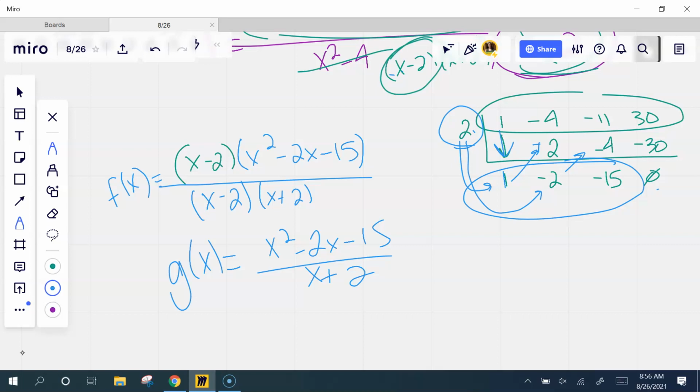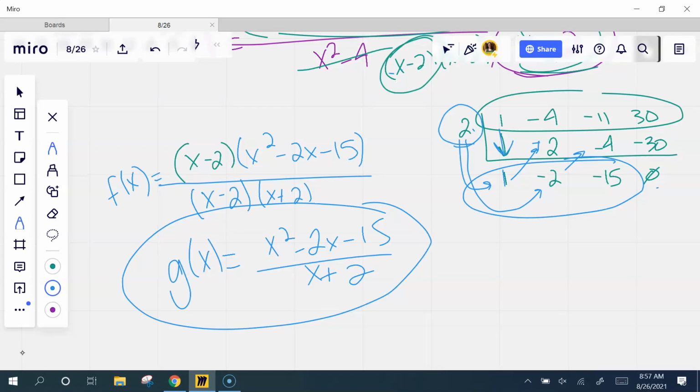In fact, in your homework, you don't even have to plug the hole. You can stop there. So what you do is you just plug in.